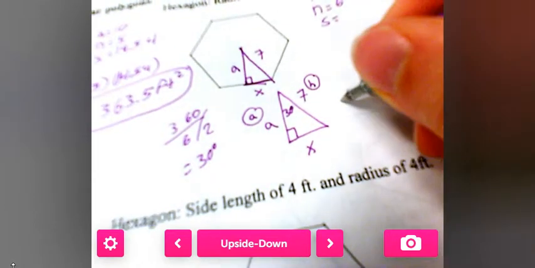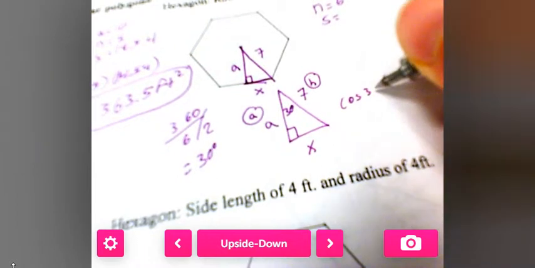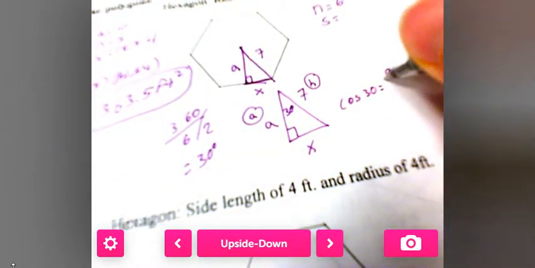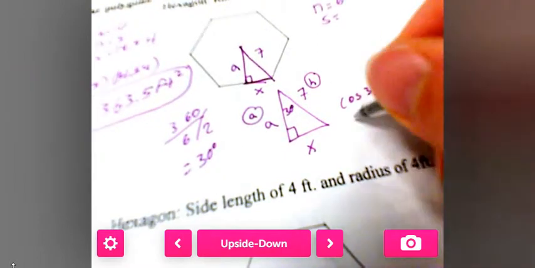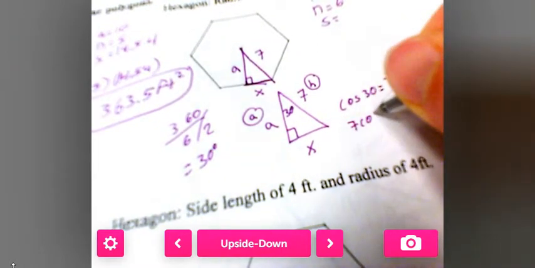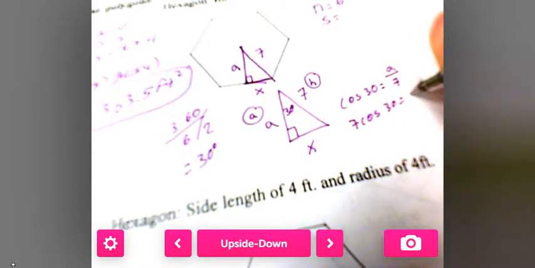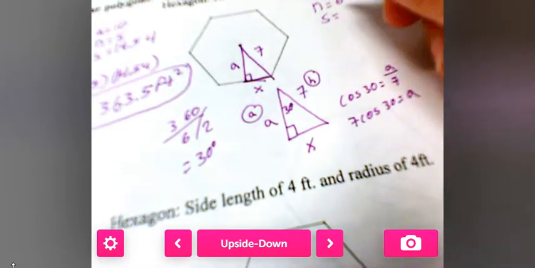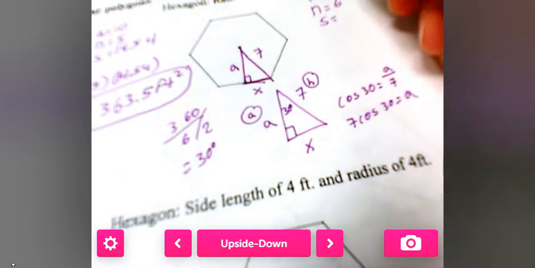So we're going to use cosine of 30 equals the adjacent A over the hypotenuse 7. So I get 7 cosine 30 equals the apothem. And that gives me 6.06. So my apothem is 6.06.